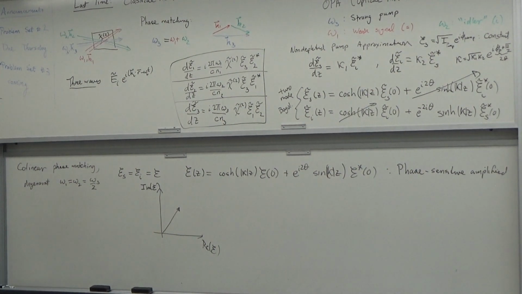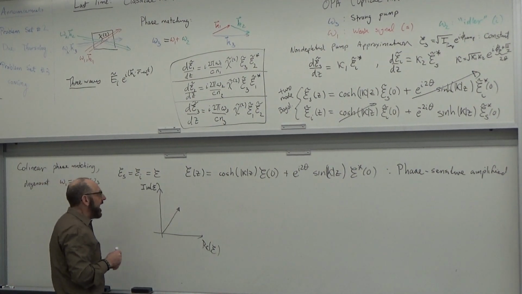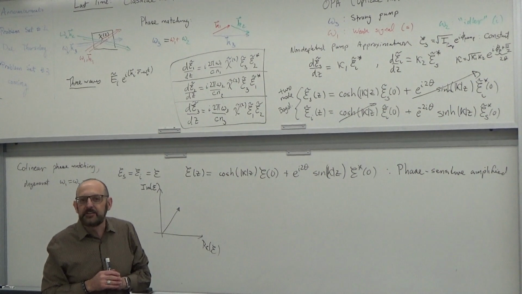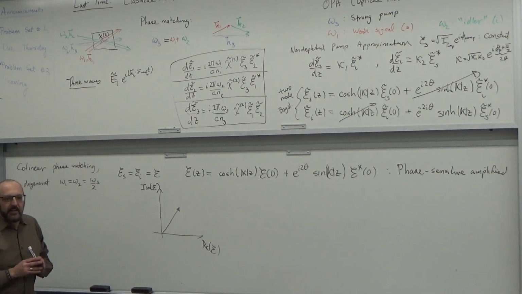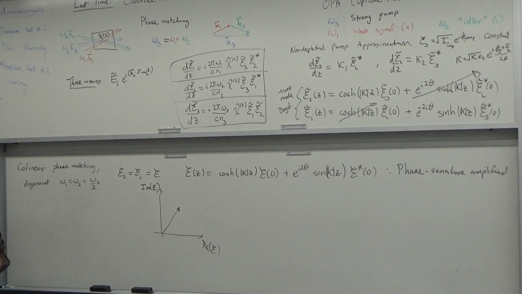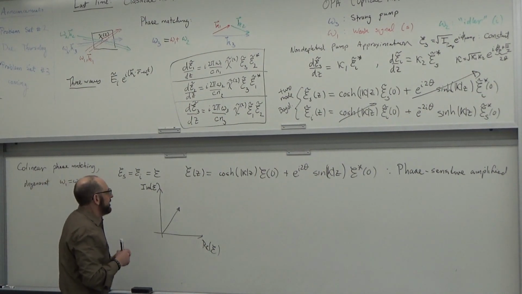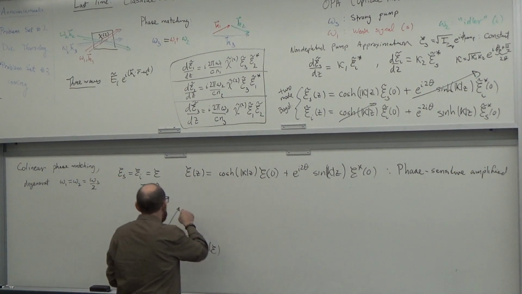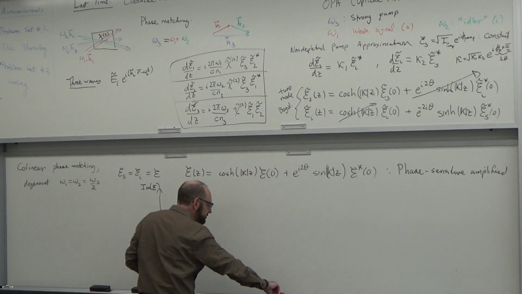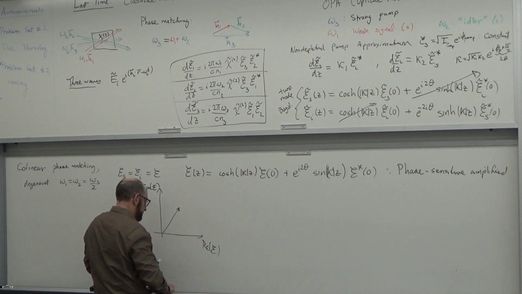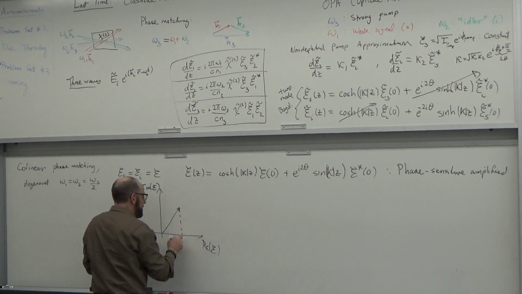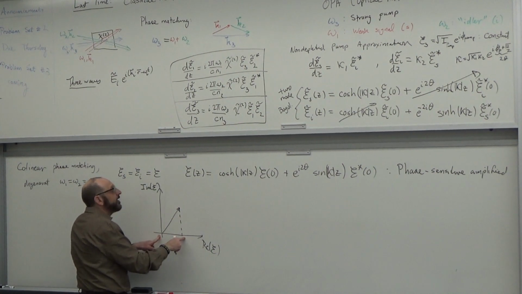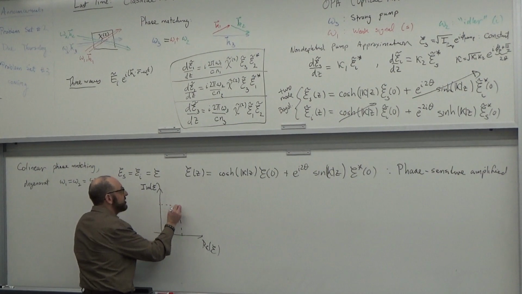Let's say we chose the phase of the pump such that this direction, the one with the quadrature phase equals 0, is amplified, and this quadrature is de-amplified.